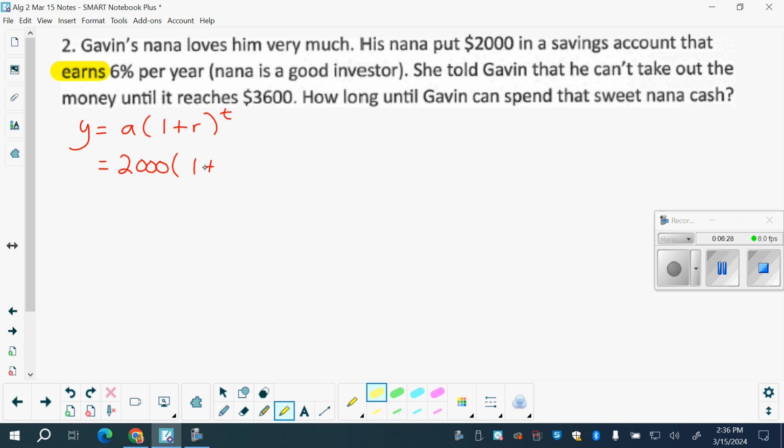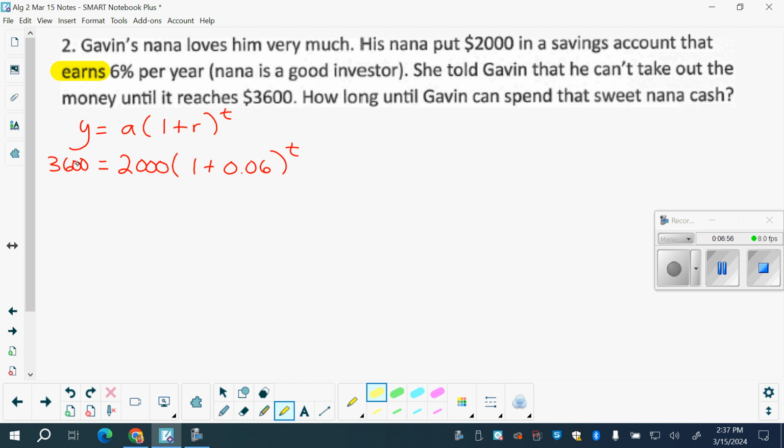R is 0.06. And do we know the t on this one? No, that's what we want to find. And so this 3,600 goes on the y, it's our ending amount. So this is our starting amount here, and this is our ending amount here.